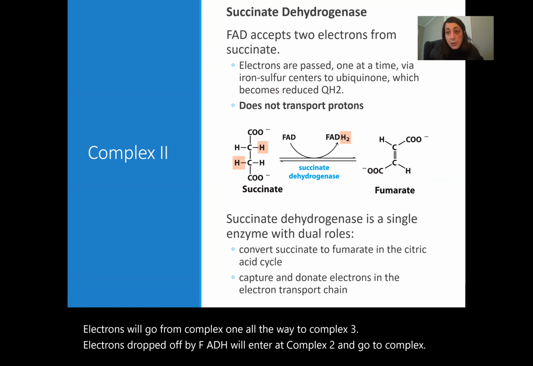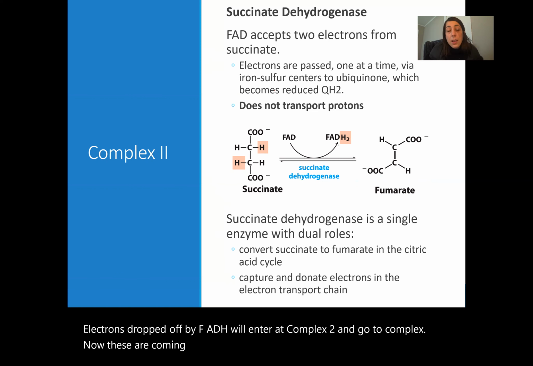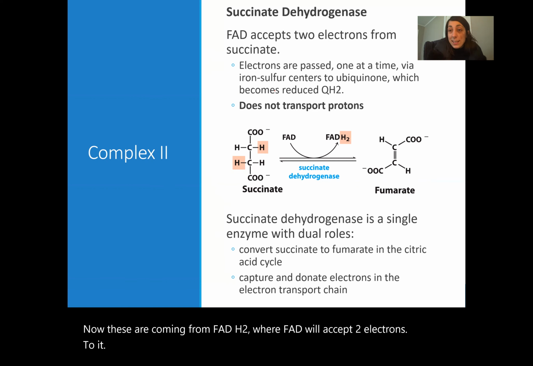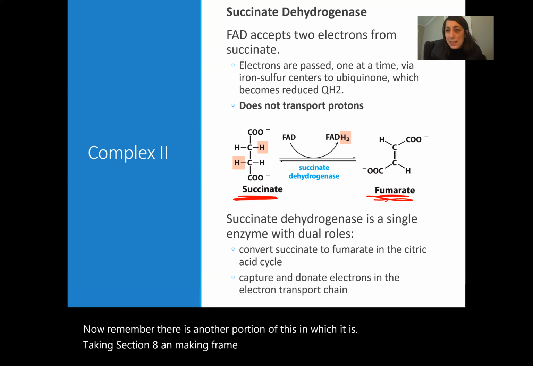Now, these are coming from FADH2, where FAD will accept 2 electrons to it. Now, remember, there is another portion of this in which it is actually taking succinate and making fumarate. This is the portion of it that's connected to citric acid cycle.